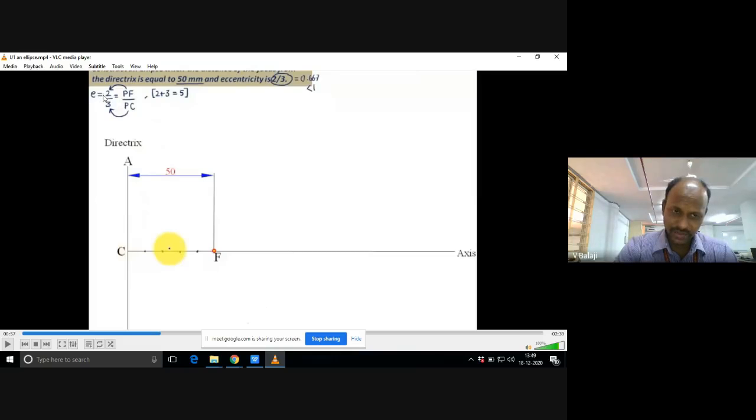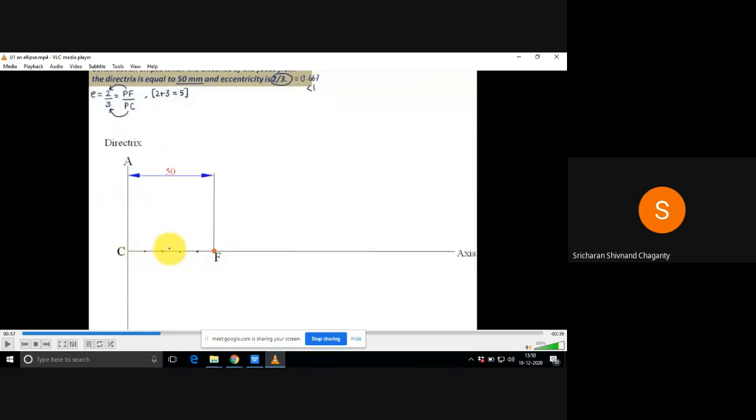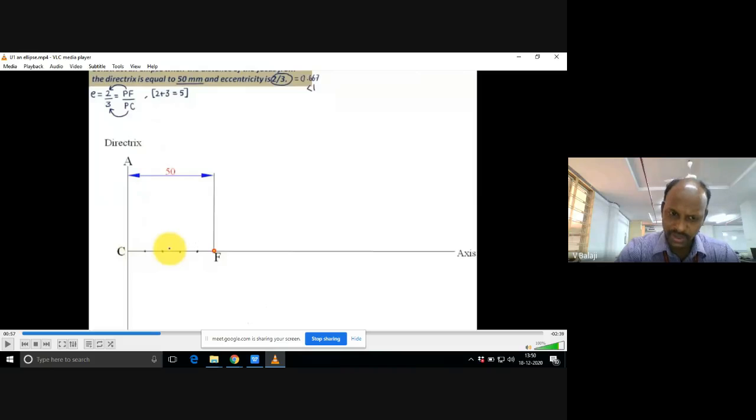A very important thing is you need to add the numerator and denominator to get the number of equal parts. So 2 plus 3 equals 5, so I can divide the CF distance into 5 equal parts. I will discuss why. Five equal parts, sir? Yes, that's a very important question. You may understand it at the end of this lecture.